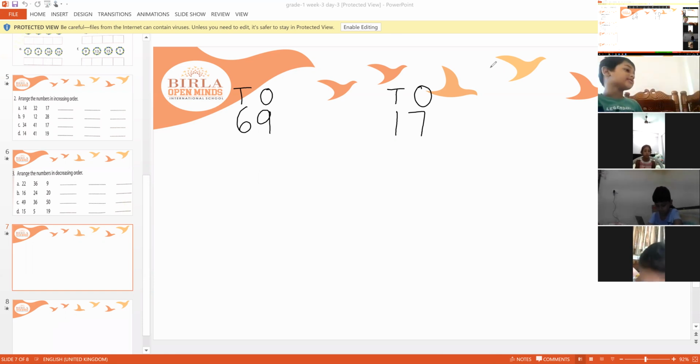See here children, when we want to compare the two digit numbers, first step is always compare the number in tens place.